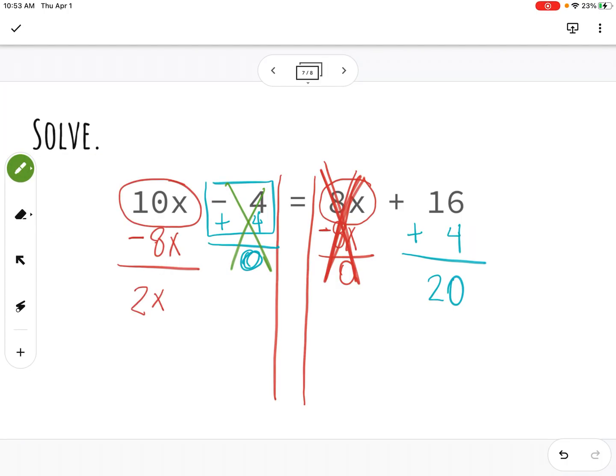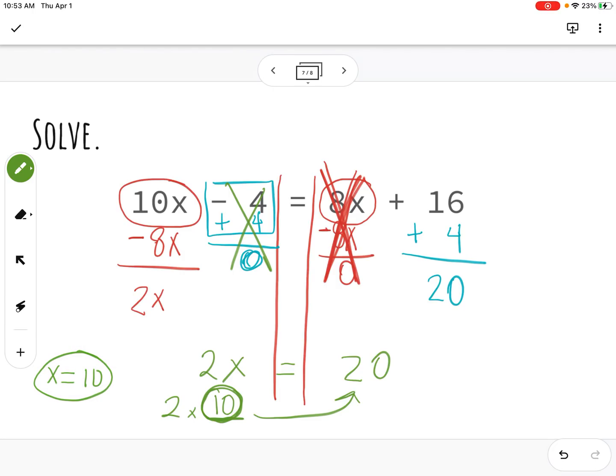We're done with this. I'm left right now with 2x equals 20. Again, I realize this really means 2 multiplied by a number to get me to 20, which I know 2 multiplied by 10 is 20. So my variable x equals 10 is my answer.